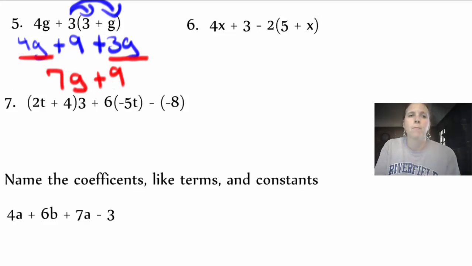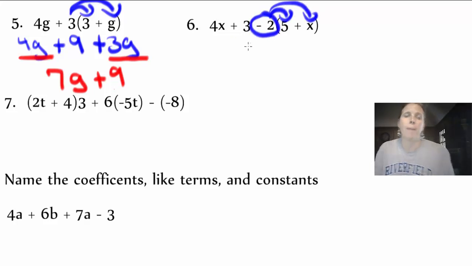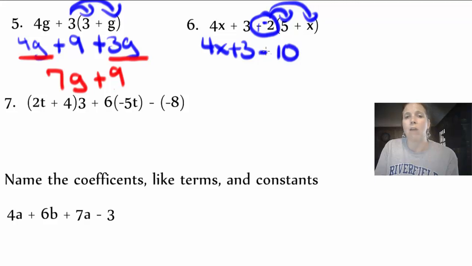Alrighty? So coming over here, again, we have to distribute first. But you have to remember that that negative is going to go with it, or that minus, however you want to think about it. So 4x plus 3, because remember this could also be plus a negative. So -2 times 5 is -10 or minus 10, however you want to look at it.